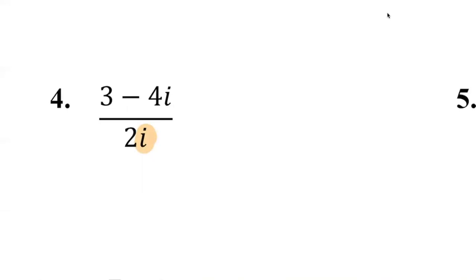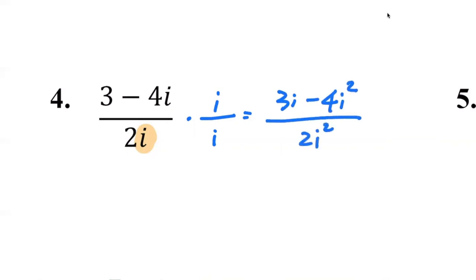So we are not going to get distracted by the numerator. We have to not have an i in the denominator, so we do i over i. Okay? So we've got 3i minus 4i squared over 2i squared.